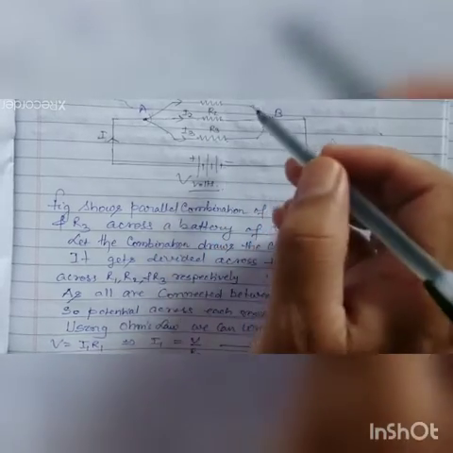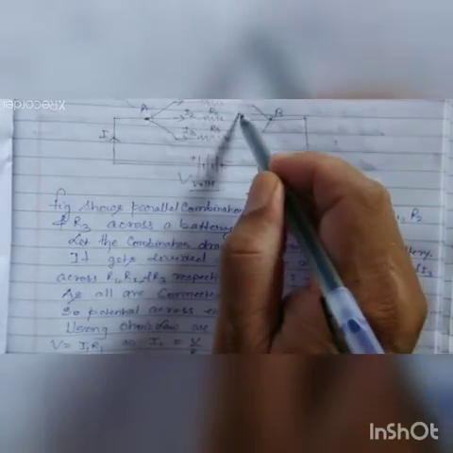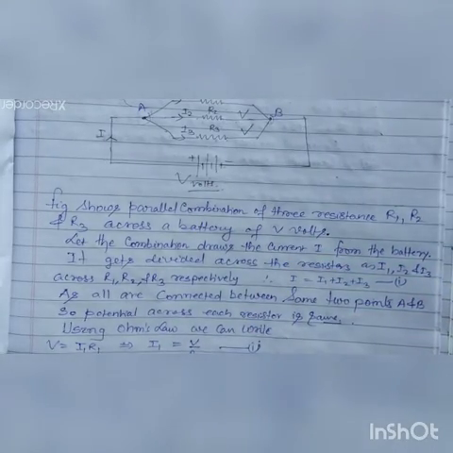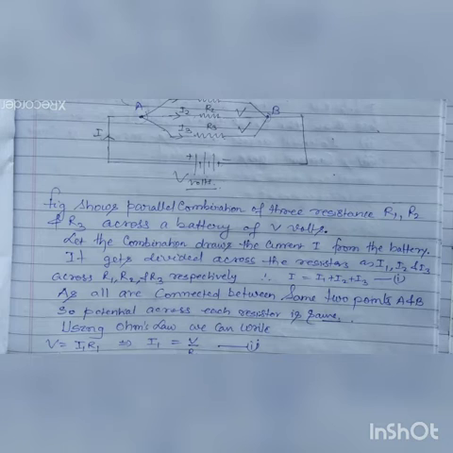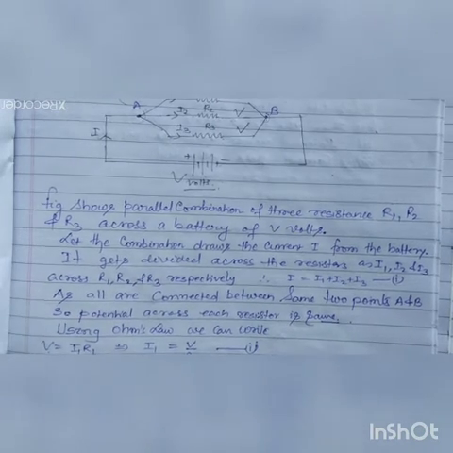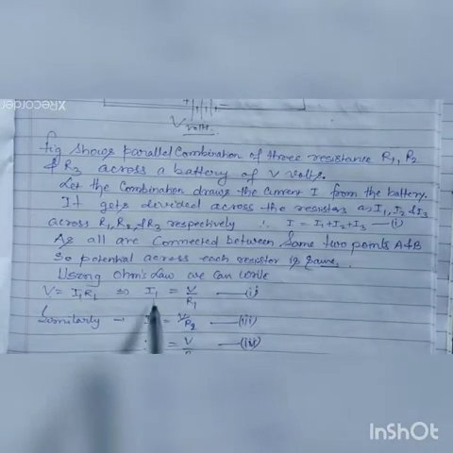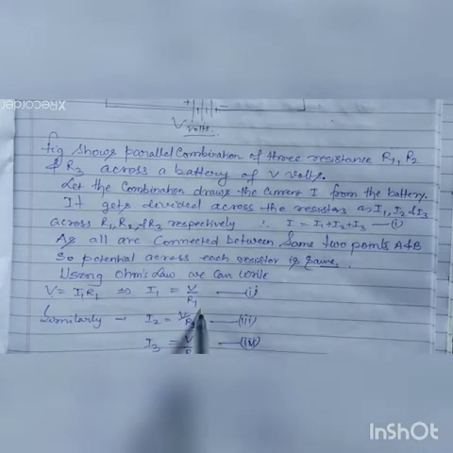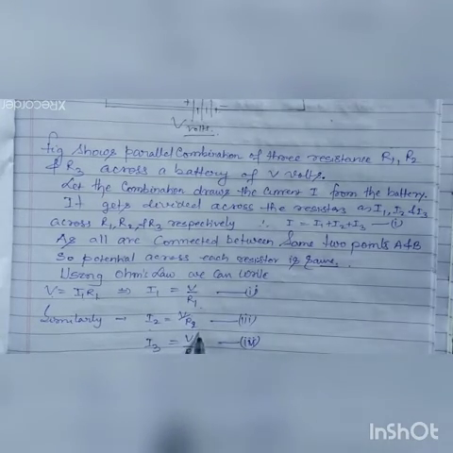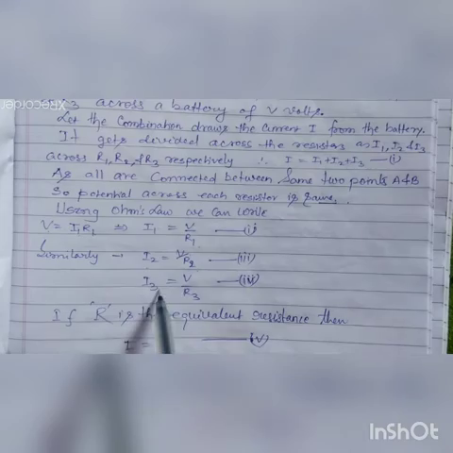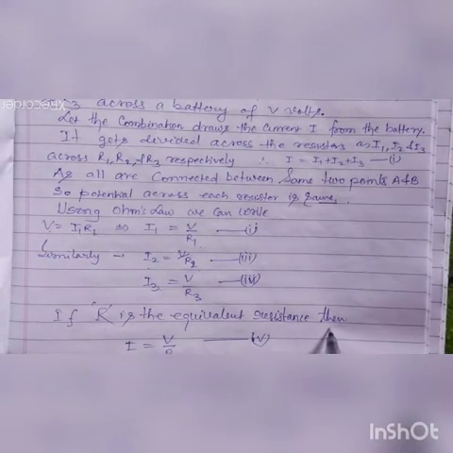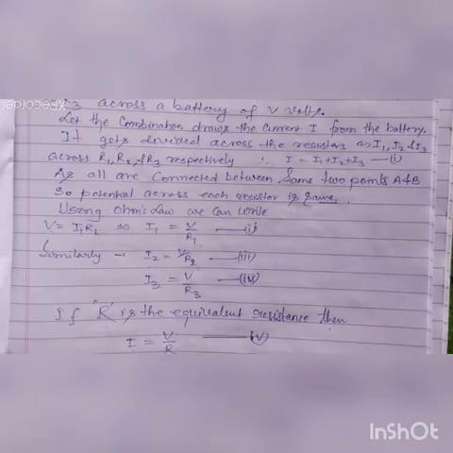So the potential across all the resistances will be V. Using Ohm's law, for resistance R1 we can write V is equal to I1 into R1, so I1 becomes V by R1. Similarly, I2 is equal to V by R2 and I3 is equal to V by R3. If R is the equivalent resistance, then we can write I is equal to V by R.